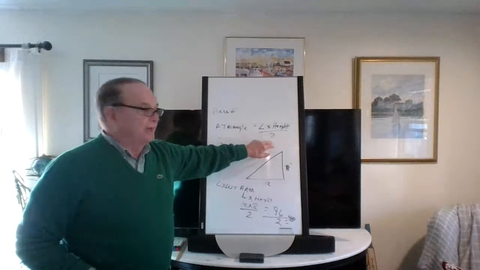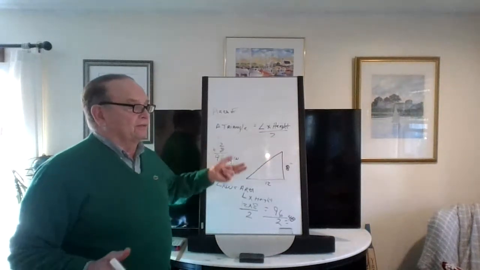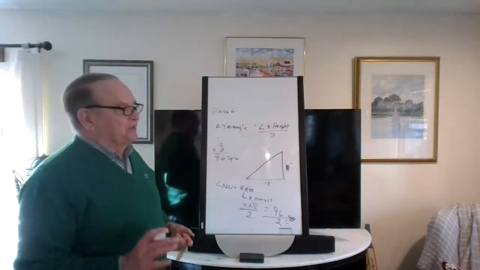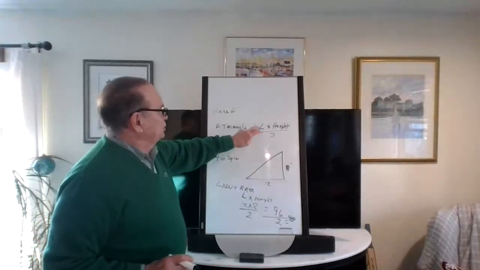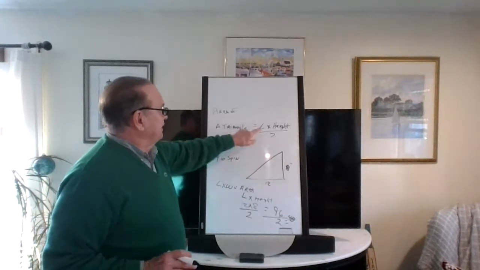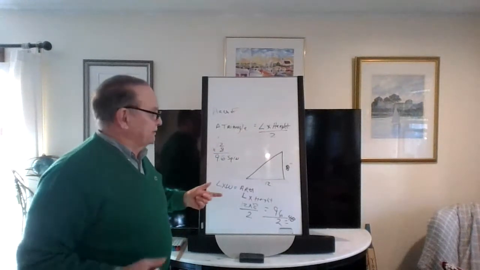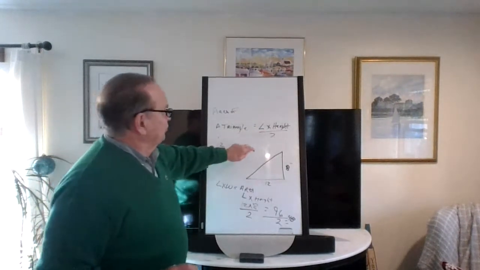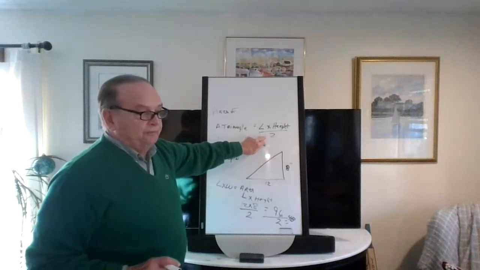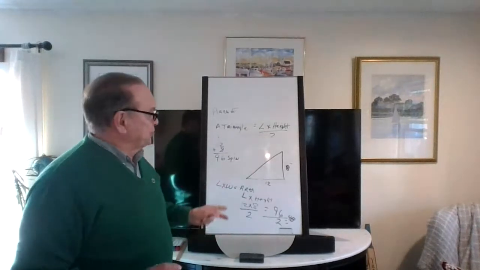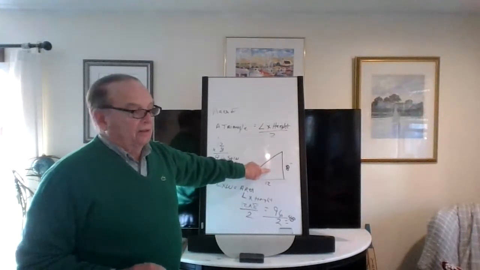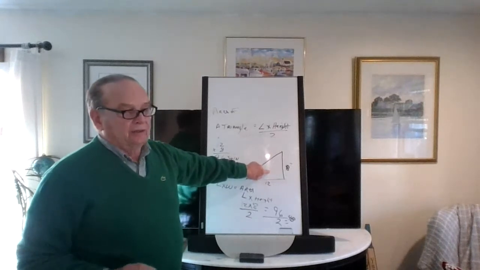It's easy, but if you forget this, the state could be sneaky, and what they could do is give you an answer that would be this answer, like a rectangle, and you'd spot, oh, that's the right answer. No, it's not. They're trying to fool you. Divided by 2. Okay, and it doesn't matter the shape of a triangle. This one, it worked. All right, I picked this triangle because it works.